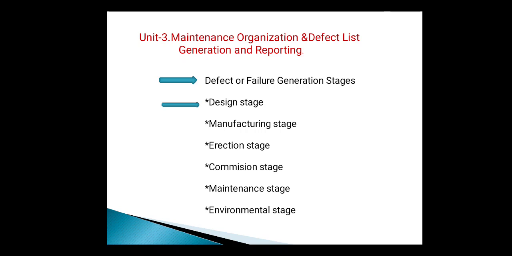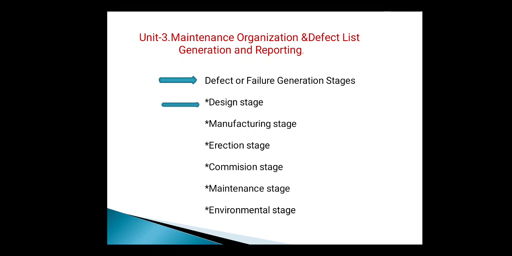In the commissioning stage, if we do not handle the particular components and machineries in the right manner, then definitely we are going to face problems. Then the maintenance stage. If we are not following continuous maintenance, definitely we are going to have defective parts.